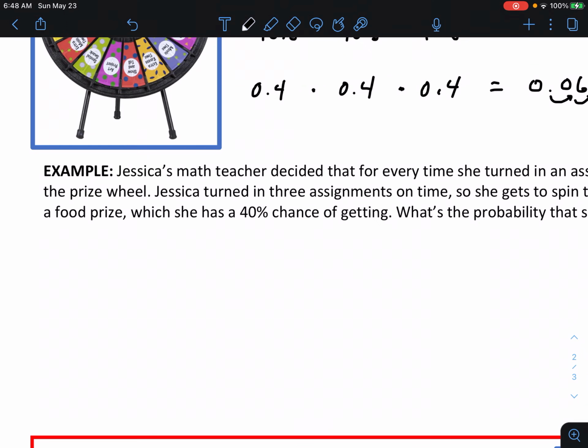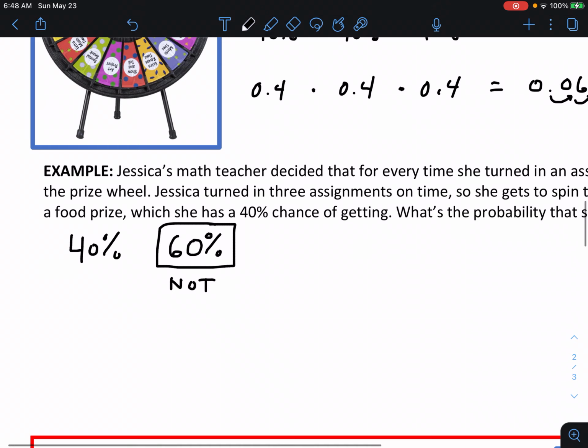If the probability of getting a food prize is 40%, the complement, or the probability of not getting a food prize, is that percent that we have to add to it to equal 100%. So we're going to use 60% now instead of 40%, because there's a 60% chance of not getting a food prize.